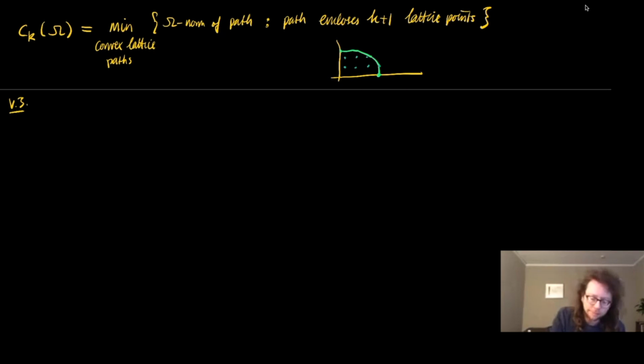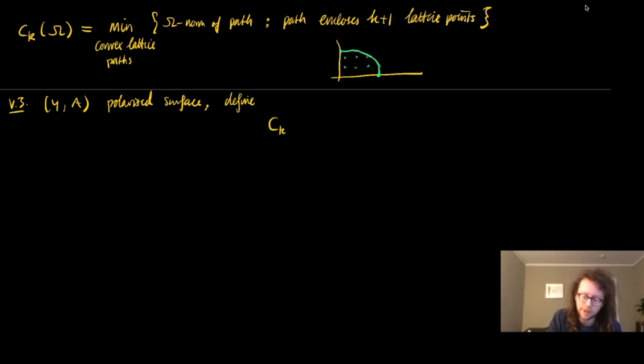And then thirdly, if YA is a polarized surface, let's say it's sufficiently non-singular, Q-factorial is enough. I'm going to give these ones a name.